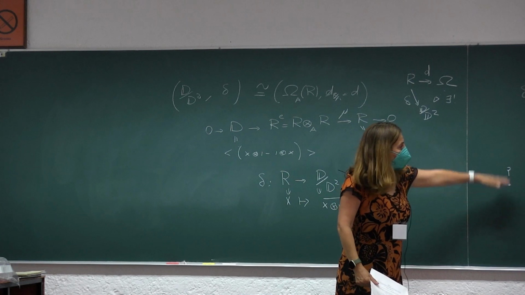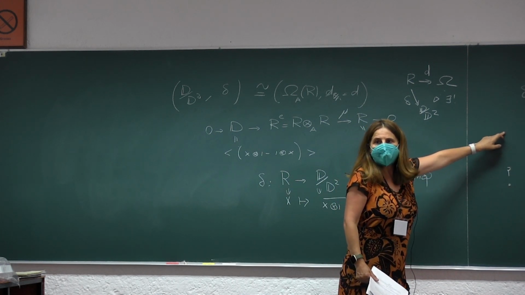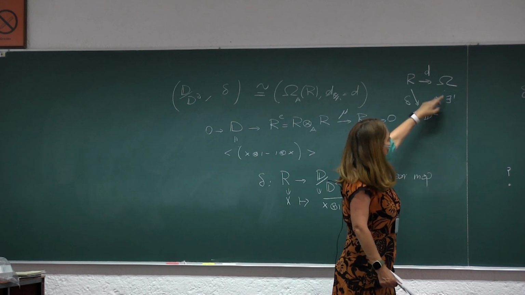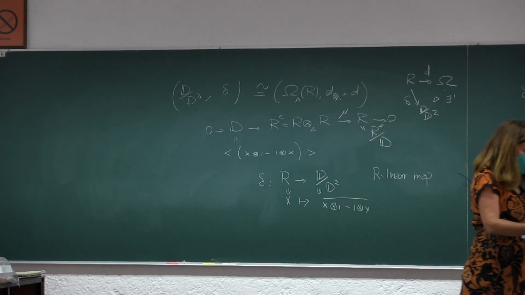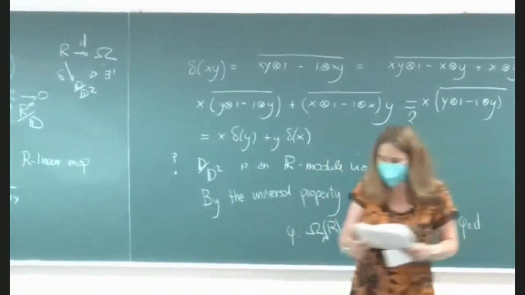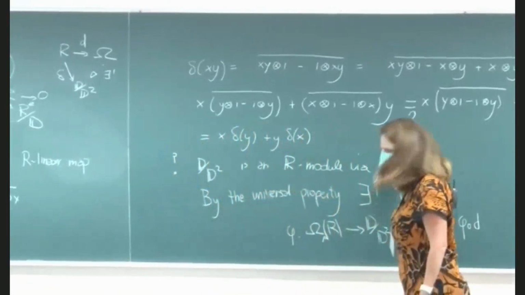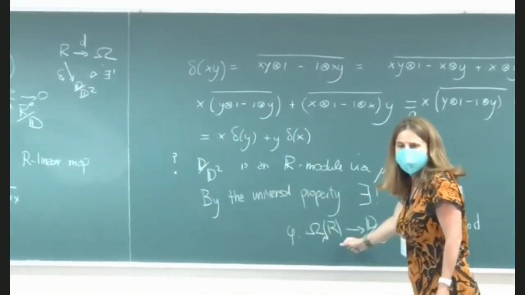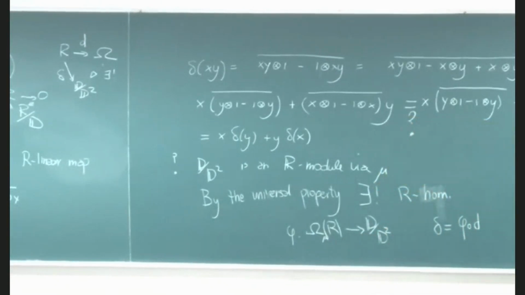We have proved that this is an A derivation. This was the proof that this was an A derivation. And because this is an A derivation, this exists. Remember, when we did the proof, we did prove that there exists a unique R map, or homomorphism, here. So if we prove that it has an inverse, there will be an isomorphism as R modules.